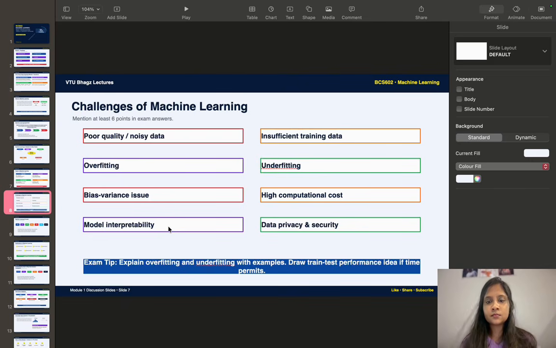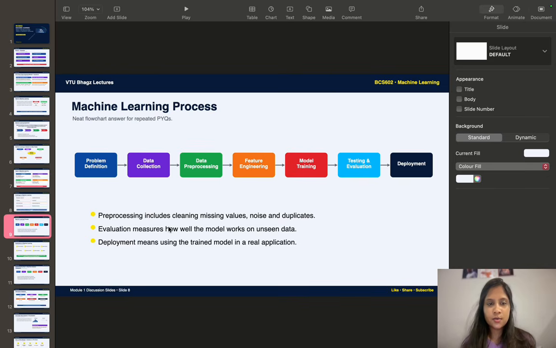Next slide is machine learning process. Even this is a very repeated question. Here you have problem definition, data collection, data pre-processing. First, the problem definition: we identify the problem to be solved. Second is data collection: we collect data from different sources.